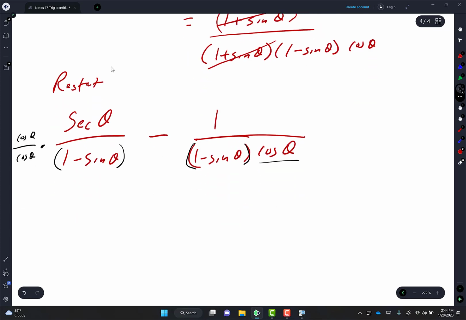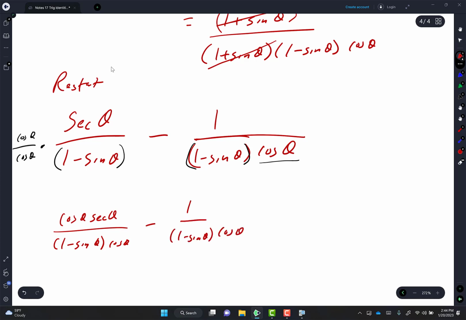I'm going to write cosine theta secant theta over 1 minus sine theta cosine theta, minus 1 over 1 minus sine theta cosine theta. They both have the same denominator, so I'm going to write it as cosine theta secant theta minus 1 over 1 minus sine theta cosine theta.